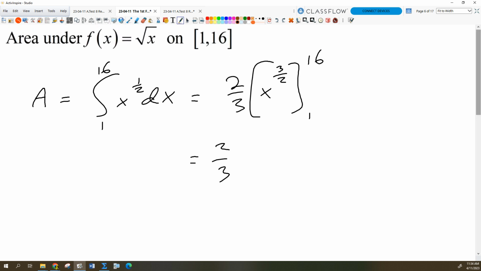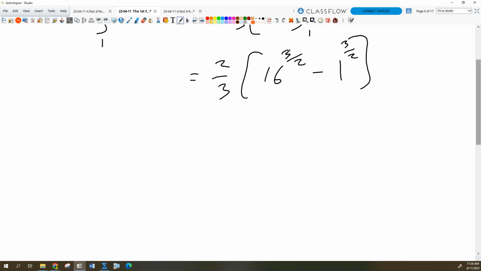Okay. So then this just gives us 2/3 times 16 to the 3/2 minus 1 to the 3/2. What is 16 to the 3/2? 64, yeah, right? Because all we're doing is square rooting 16 and then cubing that result. 16 to the 1/2 is 4, cubed is 64.